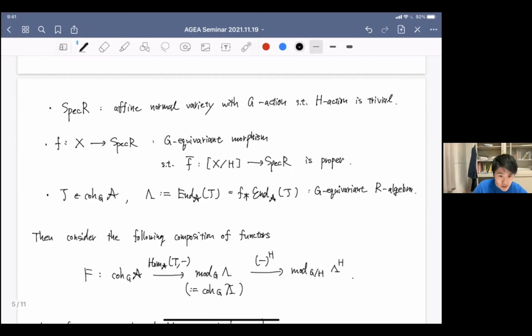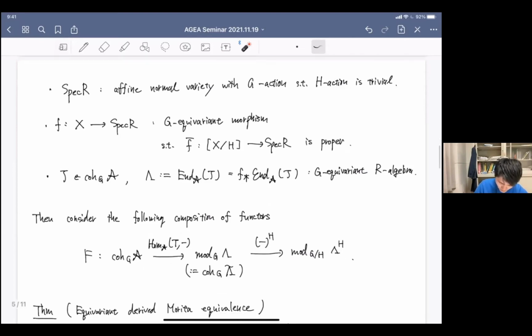And let T be a G-equivariant coherent A-module, and let lambda be the endomorphism ring of T. Since lambda is isomorphic to the direct image by F of the sheaf of endomorphism algebra of T, lambda can be seen as a G-equivariant R-algebra.